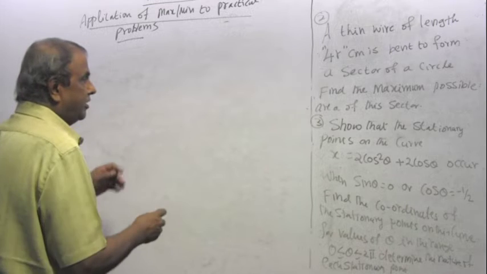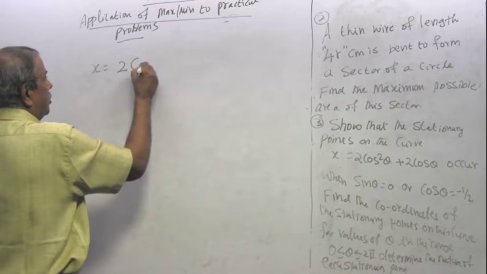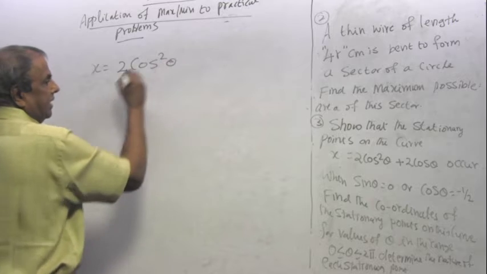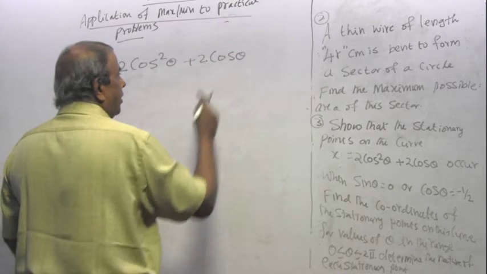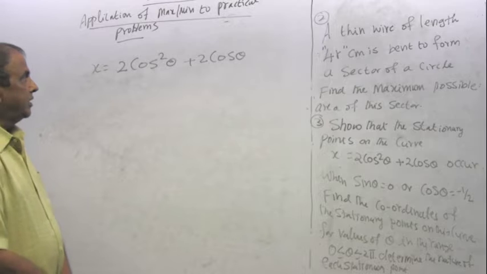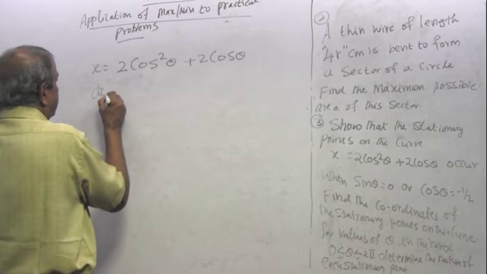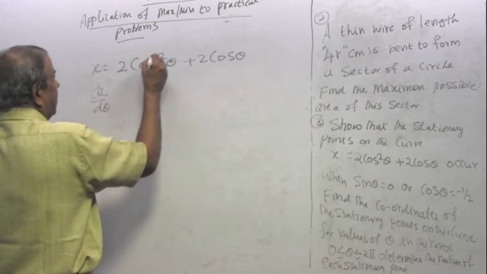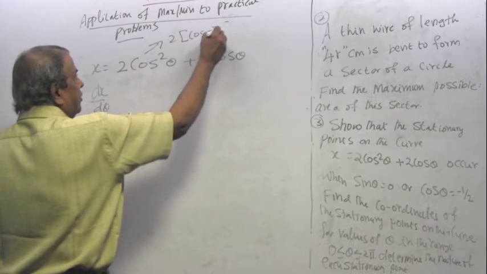Okay? You're asked to show stationary points on x equal to 2 cos squared theta plus 2 cos theta. How do you find stationary points? Differentiate. Remember, I told you this, you write it as 2 times (cos theta) whole squared, so it is easy to differentiate.